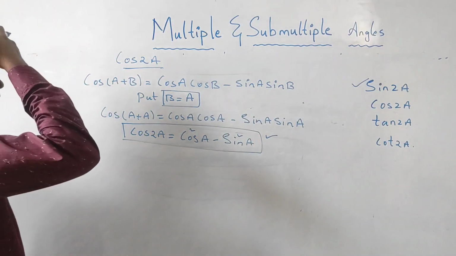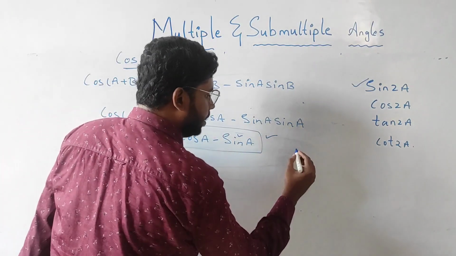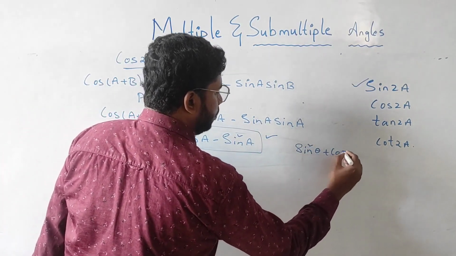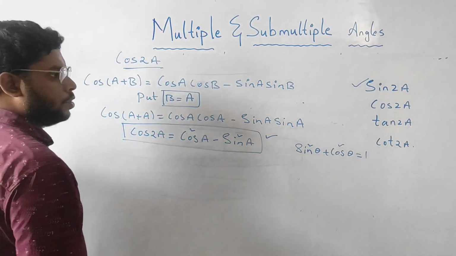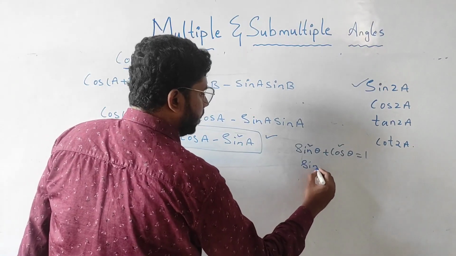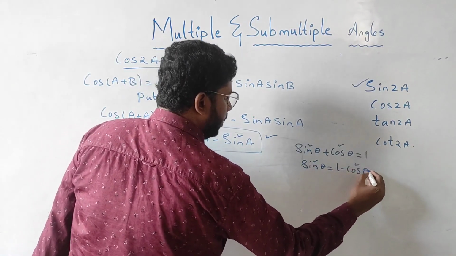Okay. Now from here you see we know one identity, that see sin square theta plus cos square theta is equal to what? 1. Okay, so if I take cos square to that side, what will become? See, sin square theta is equal to 1 minus cos square theta, isn't it?